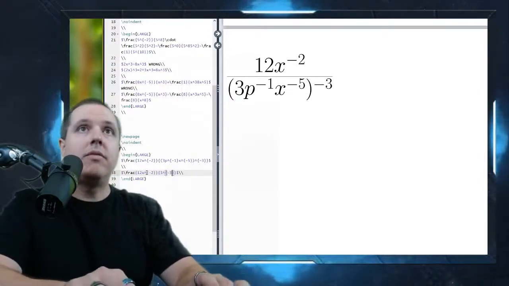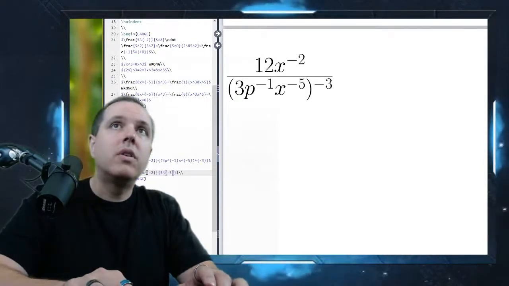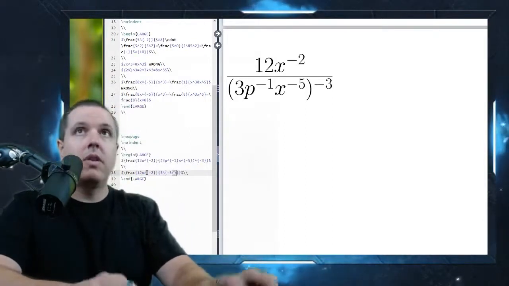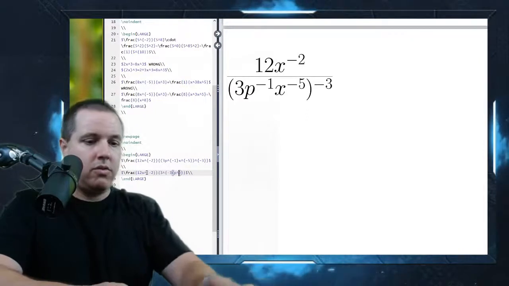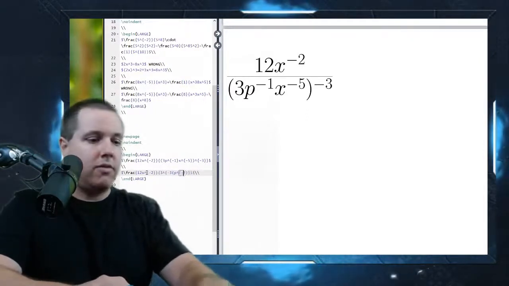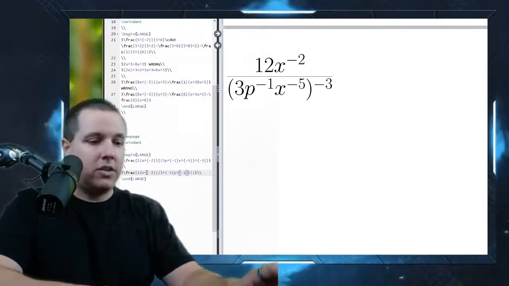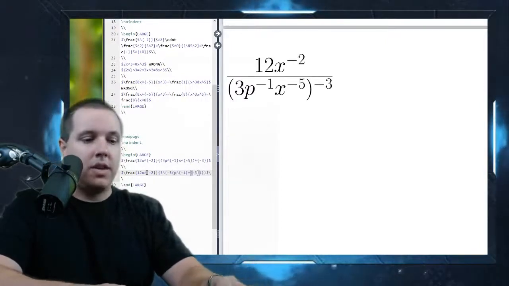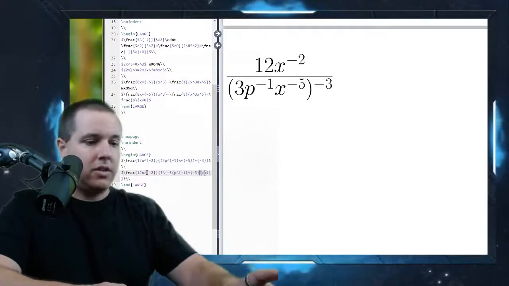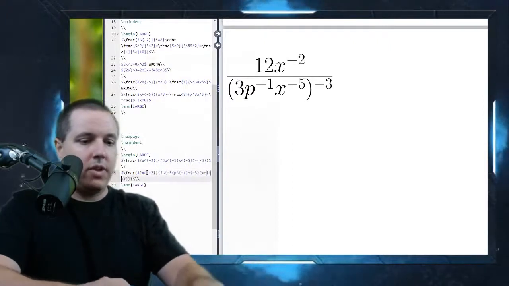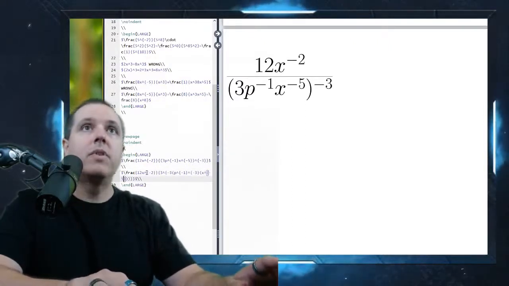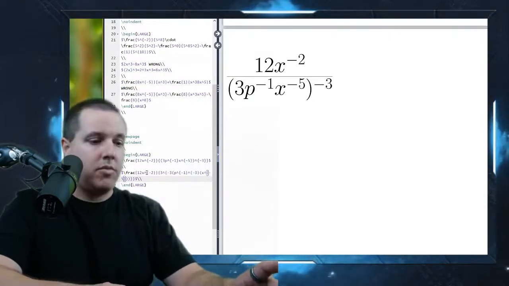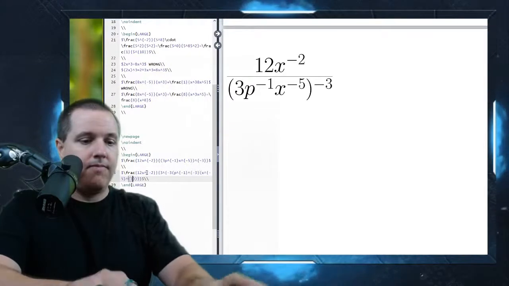I'm going to have p to the negative 1 being raised to the negative 3. And then I'm going to have x to the negative 5th being raised to the negative 3.